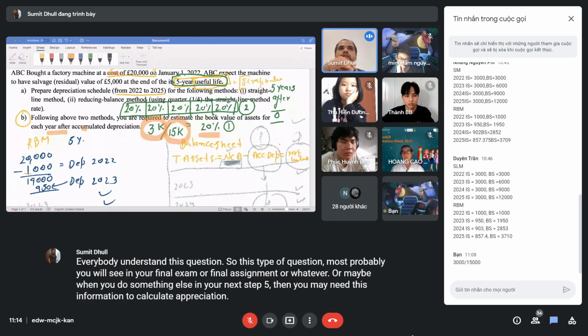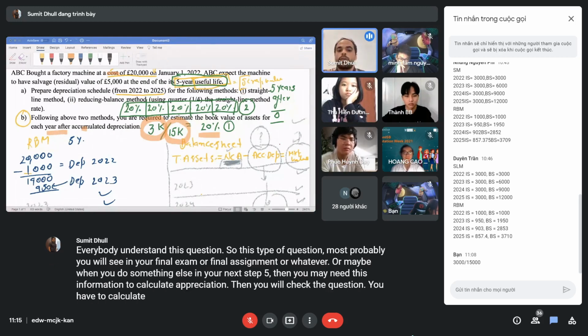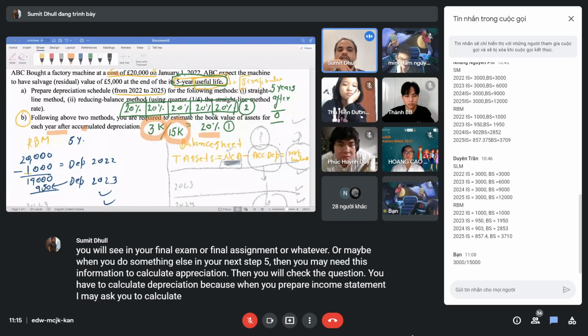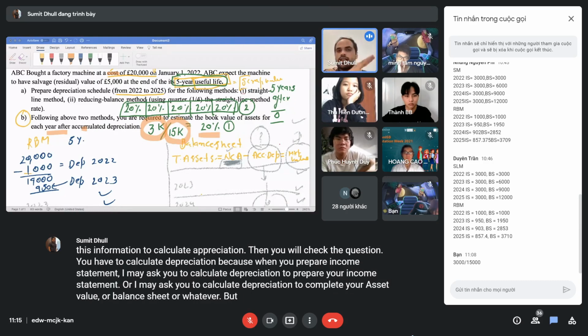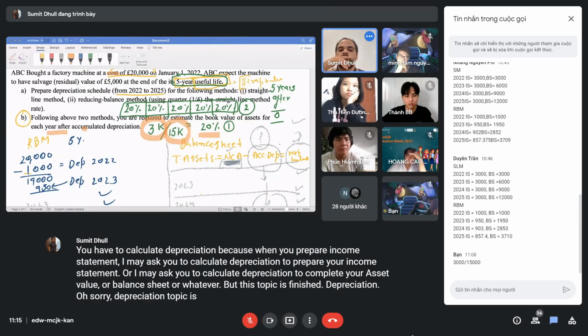When you prepare an income statement, I may ask you to calculate depreciation to prepare your income statement, or to complete your asset value or balance sheet or whatever. But this topic is finished. Depreciation topic is finished.